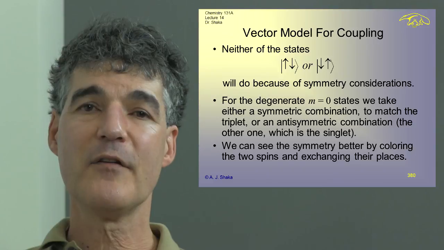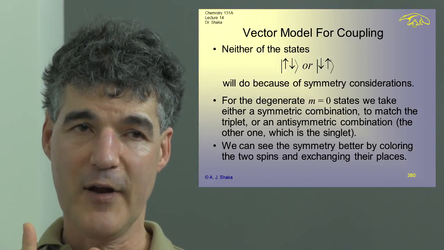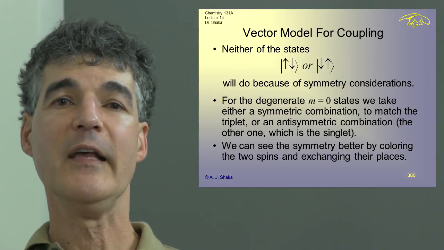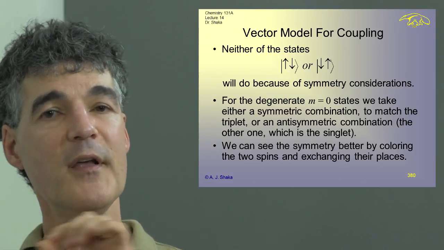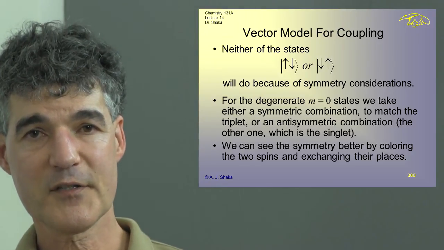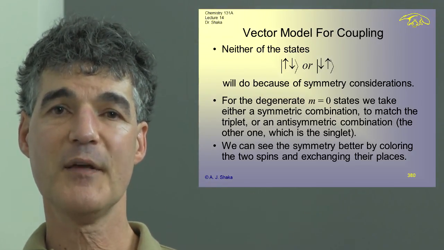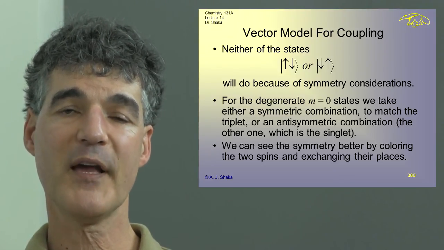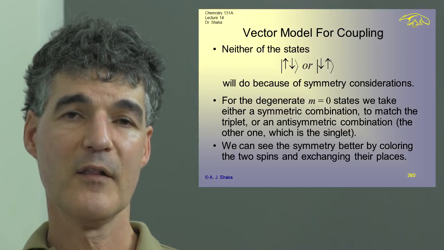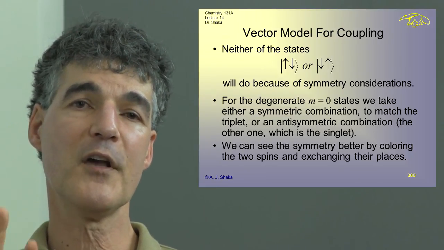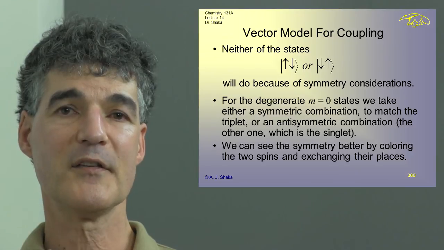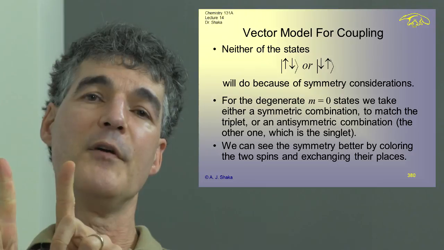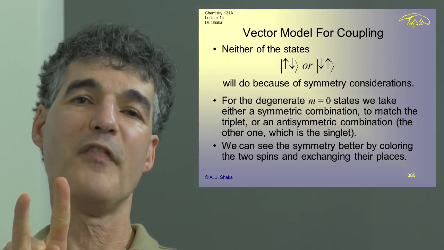It turns out that neither of the states, up-down or down-up, will do. The reason is that these guys, either in the triplet or the singlet or in other systems, have to have the same symmetry. They have to have the same characteristics with respect to swapping the particles. The particles are identical, so which one we call 1 and 2 is unimportant. If we have 2 of them up and we swap them, we get the same thing.